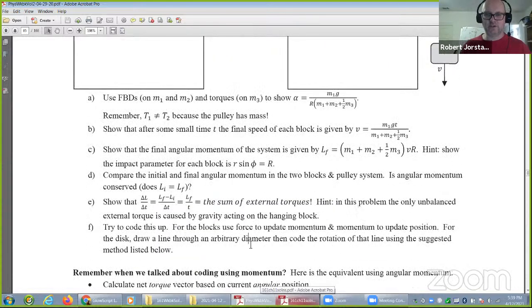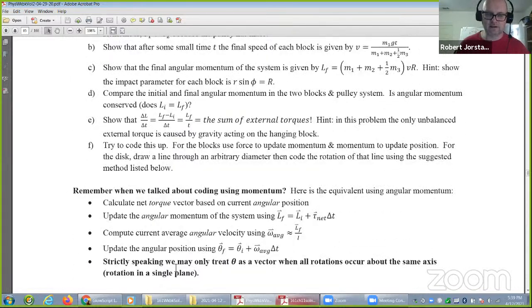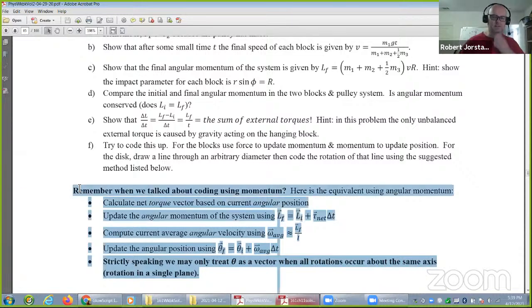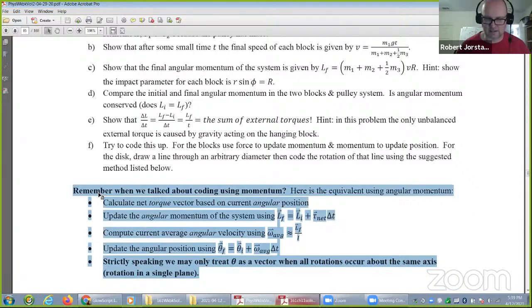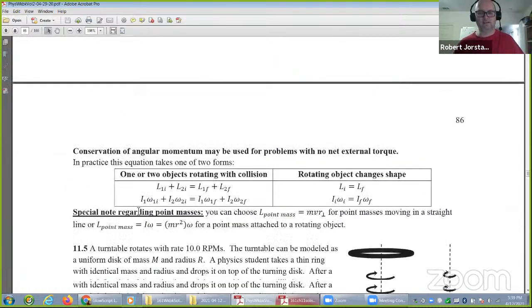And if you wanted to code this up, here is the procedure to make the code to make this simulation. You could calculate the net torque based on current angular position, et cetera, et cetera, and go through this. If you want, you're going to do this in lab on Thursday, maybe not for this specific problem, but for another one.